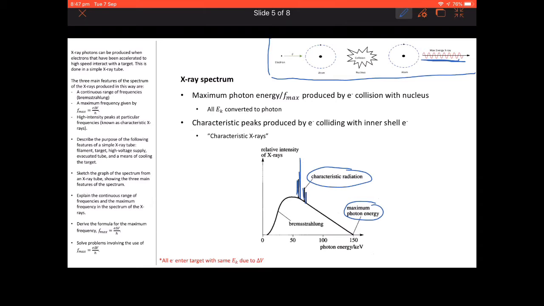The electron that fills the vacancy isn't always going to be the same electron, so the peak that is produced isn't always going to be the same. That's why you might have a number of different characteristic peaks in your X-ray spectrum.